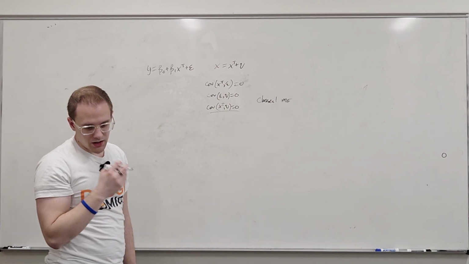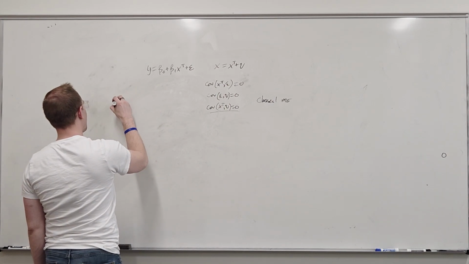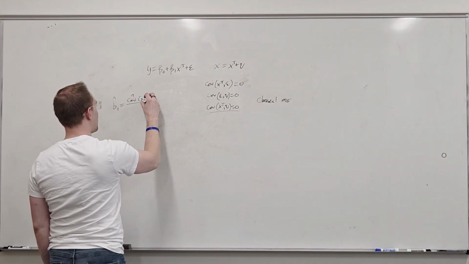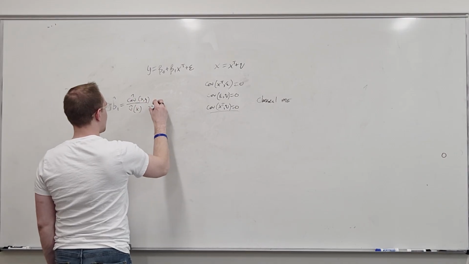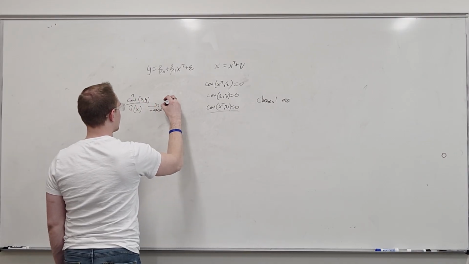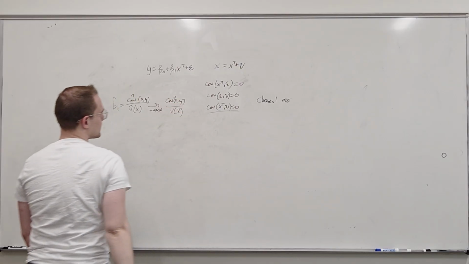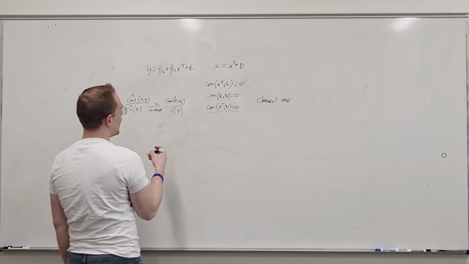Let's try to do OLS again. So our beta hat 1 is going to be our covariance of x and y over our variance of x. These are sample variances. As n goes to infinity, that should converge to the covariance of x and y over the variance of x. So in this case, let's plug in for the covariance of x and y.